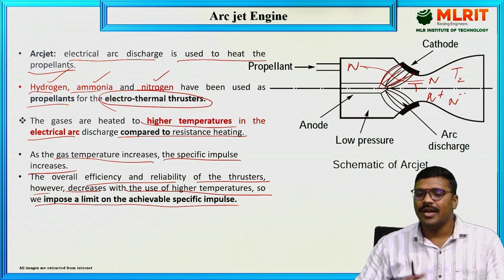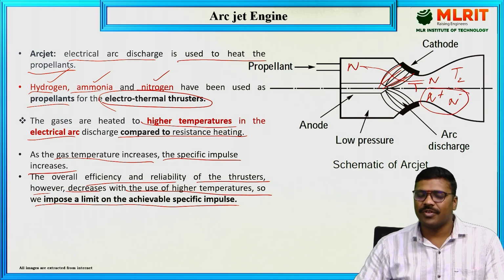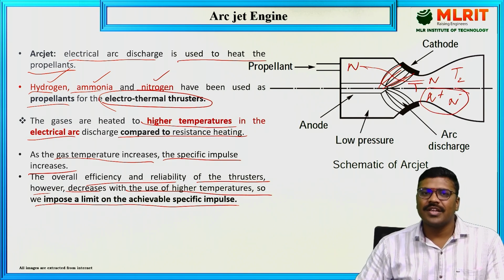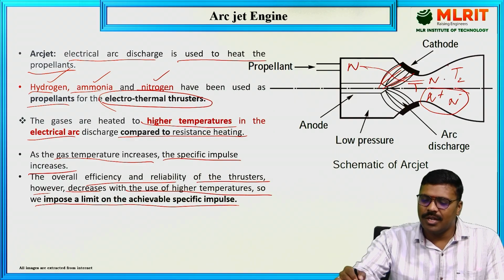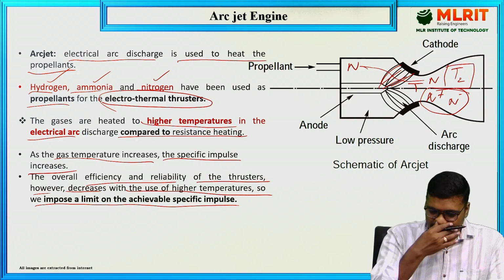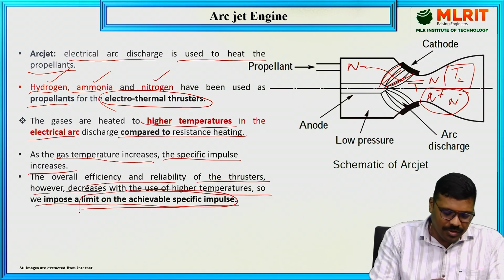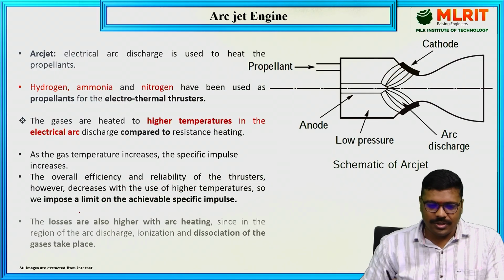Dissociation of the gases happens. When this dissociation happens, energy will be absorbed. Whatever heat energy is developed will be absorbed by this dissociation process, and the final velocity will decrease. So that's why we have to limit the temperature attained by the gases, and there is a limit on the achievable specific impulse in electrothermal thrusters.